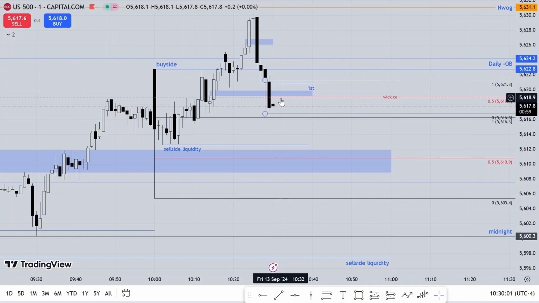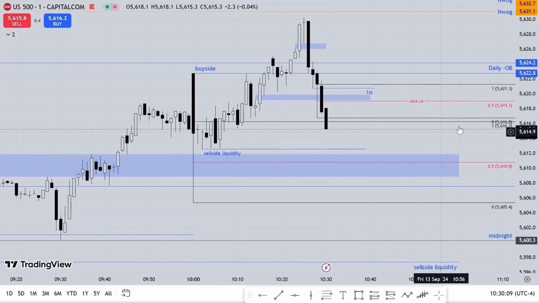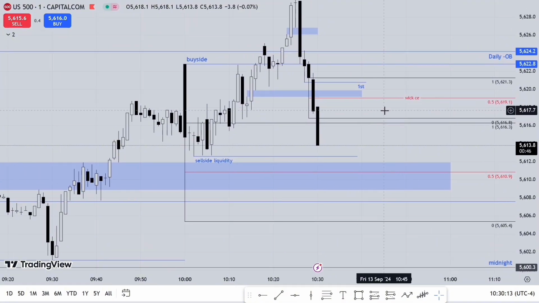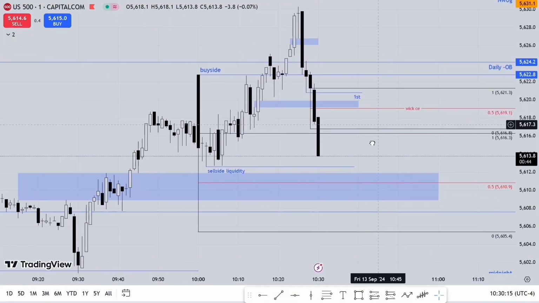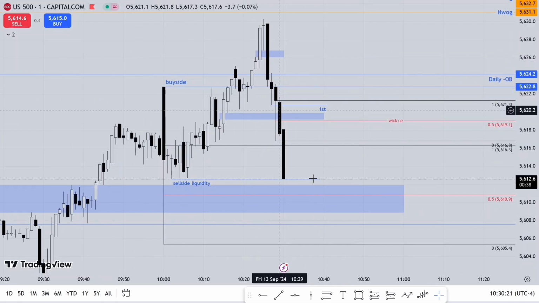So I want price to respect this consecutive equipment of this week here and come for this sell side liquidity. See, there's little to no retracement in this body of price action. Price is just going where it wants to go, and you do not want to be participating in this kind of price action.